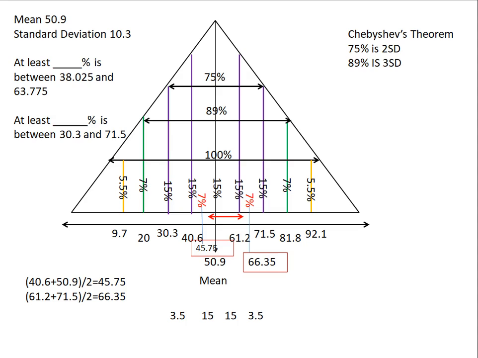We're going to add those two numbers together and get the number in between. The number in between is 45.75. 38.025 would be lying between 45.75 and 50.9. But why?